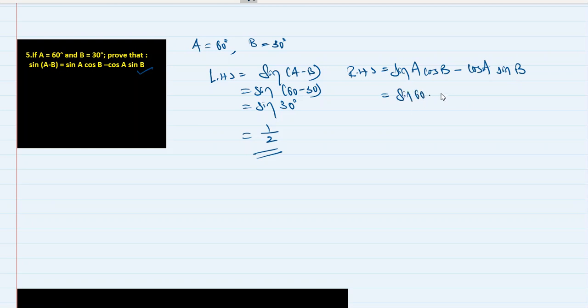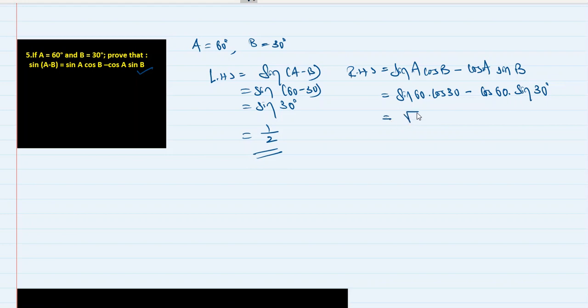Sine 60 times cos 30 minus cos 60 times sine 30, right? B is 30.